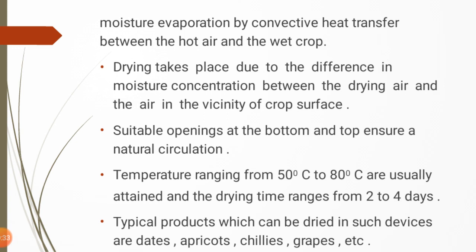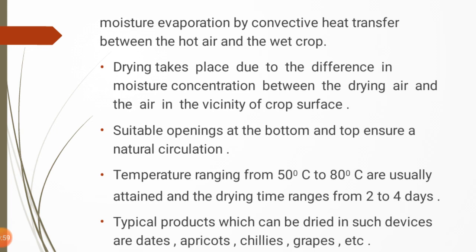Drying takes place due to the difference in moisture concentration between the drying air and the air in the vicinity of the crop surface. That means actually there are two types of air, the air which is present just above the crop surface and the air which is present in the entire chamber. That means the heated air due to solar radiation and the humid air just above the crop surface.